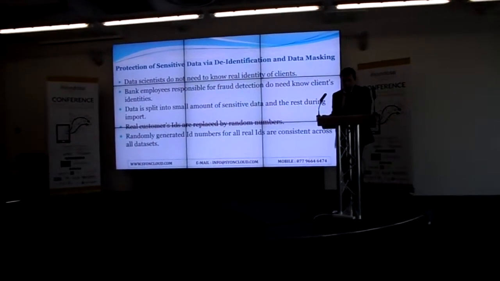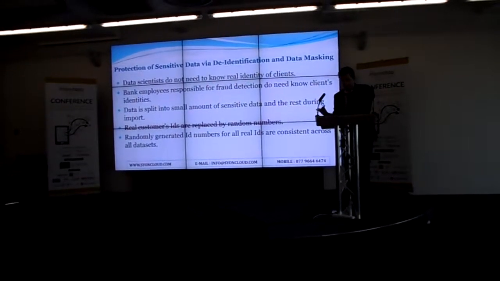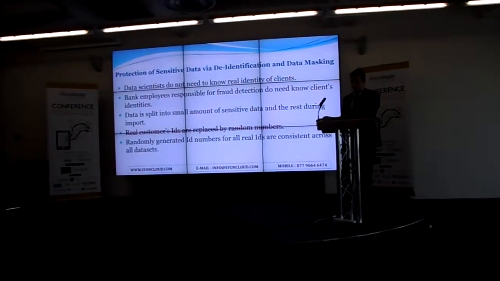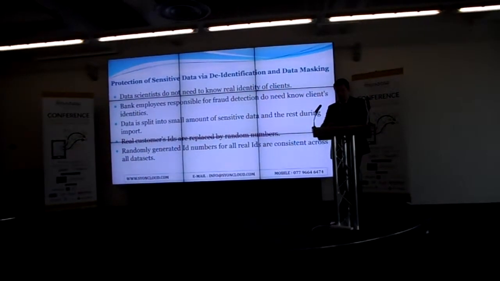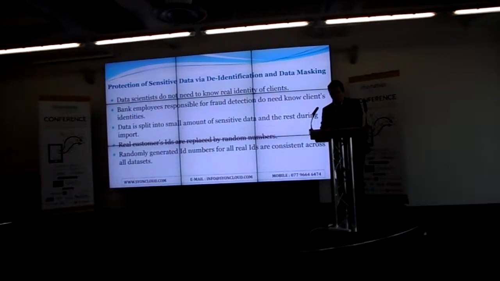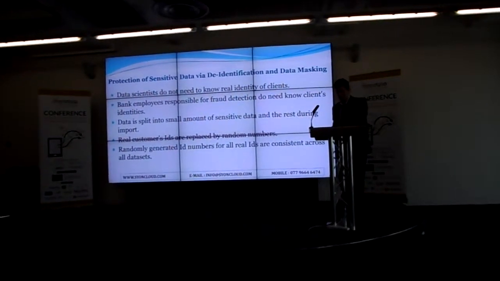And randomly generated numbers, the same for each entity, each customer, each business entity, must be consistent across all these data sets to enable joins and integration of this data.